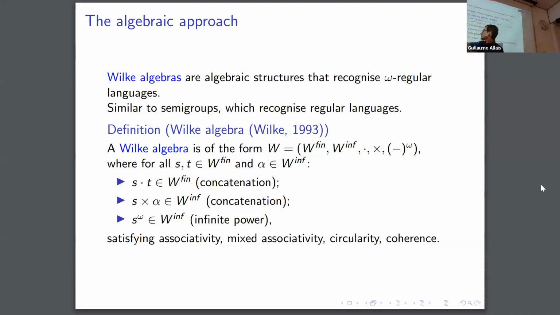The second operation, this times, is the concatenation of a finite word and an infinite word. And this omega power is just taking a finite word and taking the omega power of it. And we have some axioms that need to be satisfied, but these are just reasonable axioms that we would expect. I'm not going to go over them here.